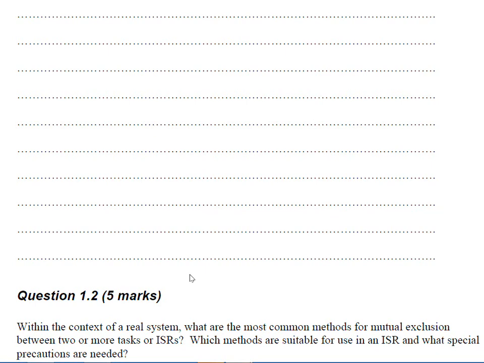Okay, so if you are implementing mutual exclusion, how do you do that in a real-time system? What are the methods? Semaphore, yep. So tell us about a semaphore. What do you do? You need to initialize it to 1, the semaphore, because the first task needs to enter the critical section.